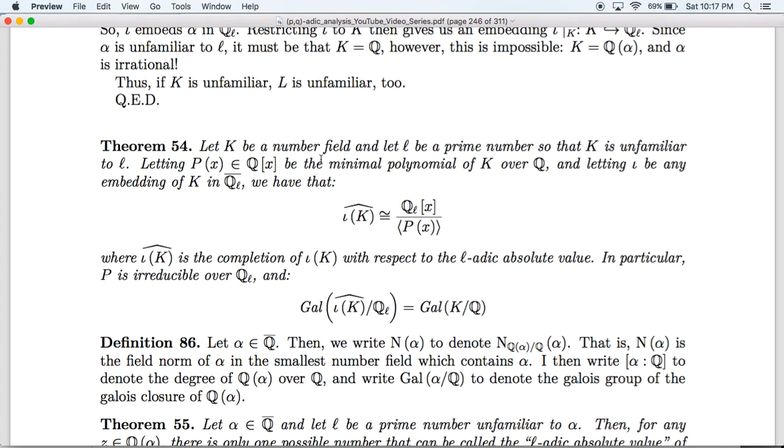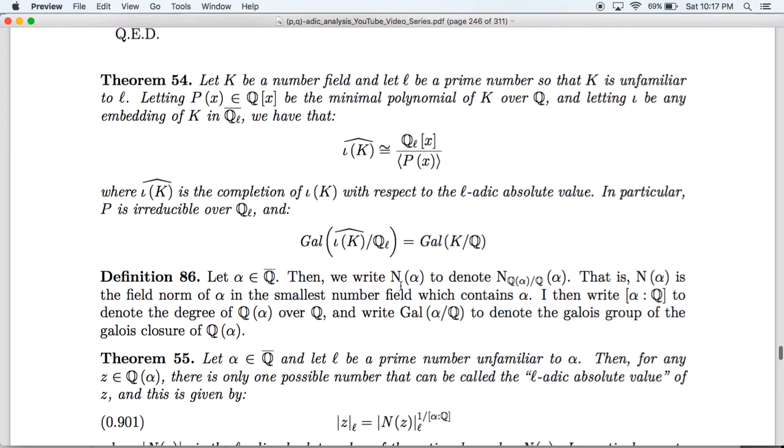And so if K is unfamiliar to L, then the Galois group of the completion of the embedding of K in Q_L, for any embedding, will be isomorphic to the Galois group of K over Q. And so this leads to a nice thing.